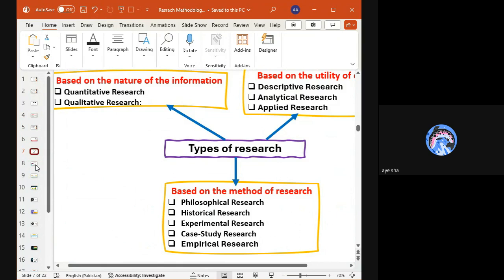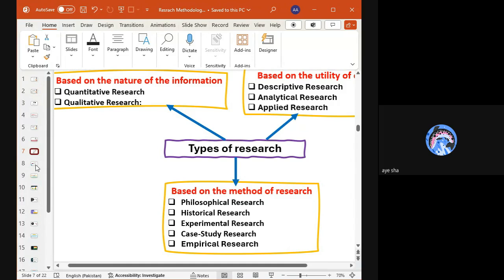Quantitative, as the name suggests, includes anything that has a quantity. For example, if you are studying the temperature changes in a particular region, that would be a quantitative study, because you will be studying the numbers, or the quantity of the change in the temperature.